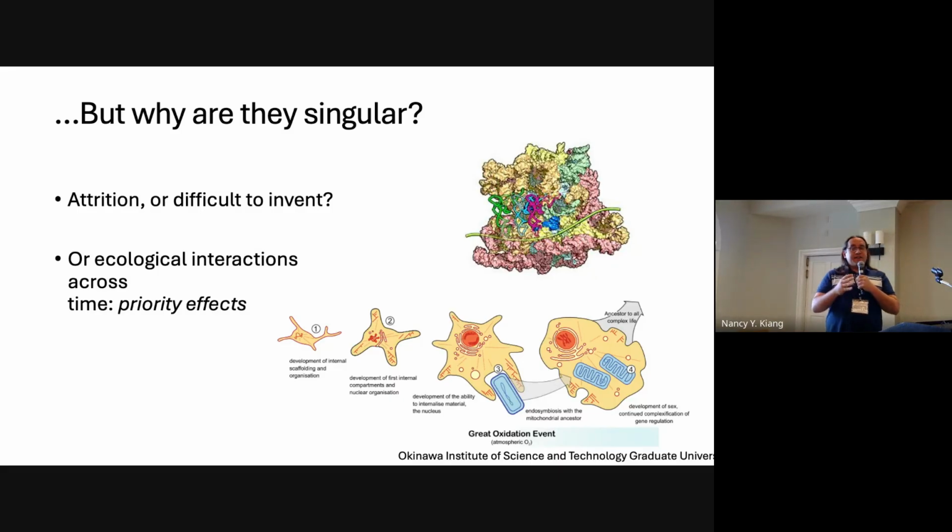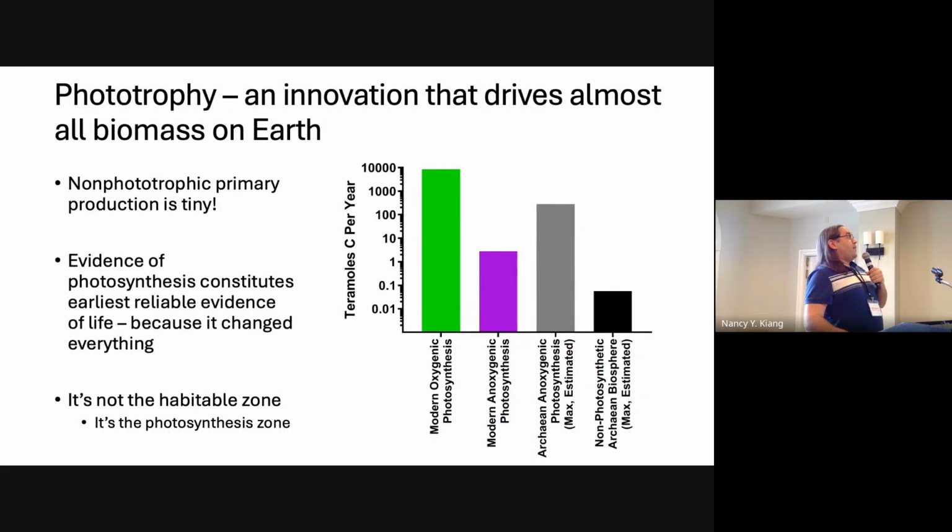This is a term from ecology where something comes in and colonizes a region and prevents something else from colonizing it. You can also talk about evolutionary priority effects, where something evolves and prevents the evolution of anything too similar to itself. So I decided to study these priority effects using phototrophy, the innovation that drives almost all biomass on Earth, and it's incredibly important for reasons I do not need to get into in great detail for this audience.